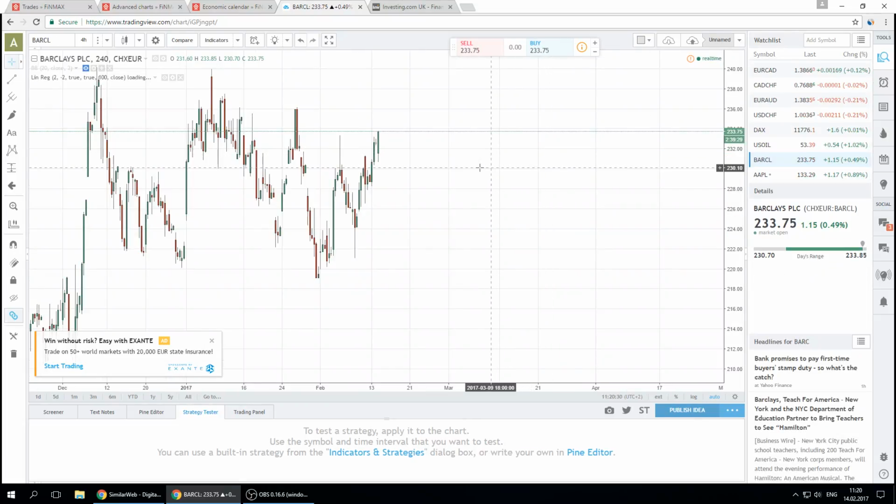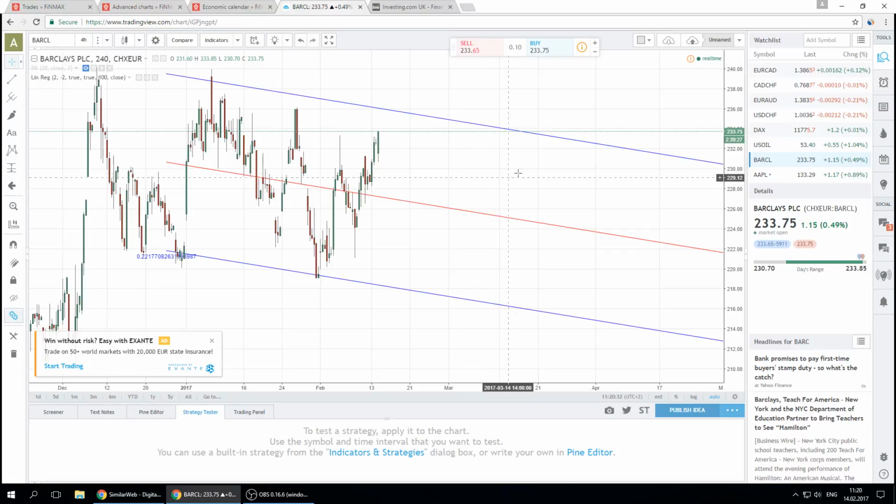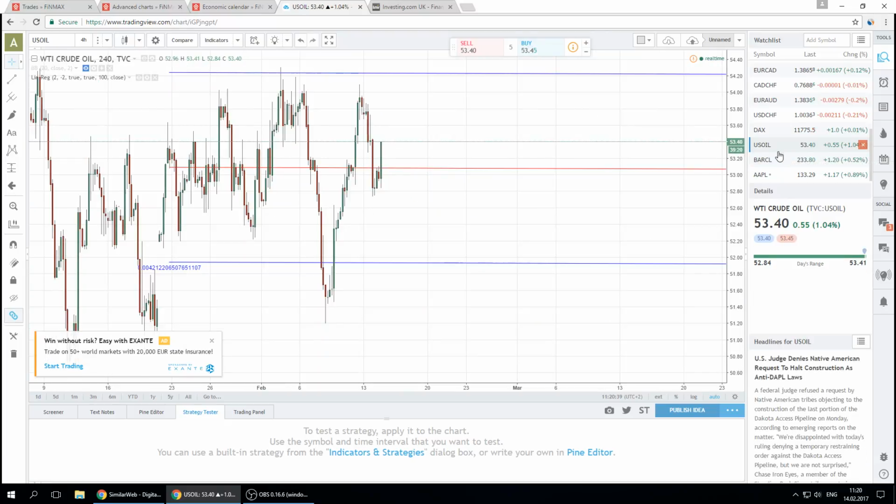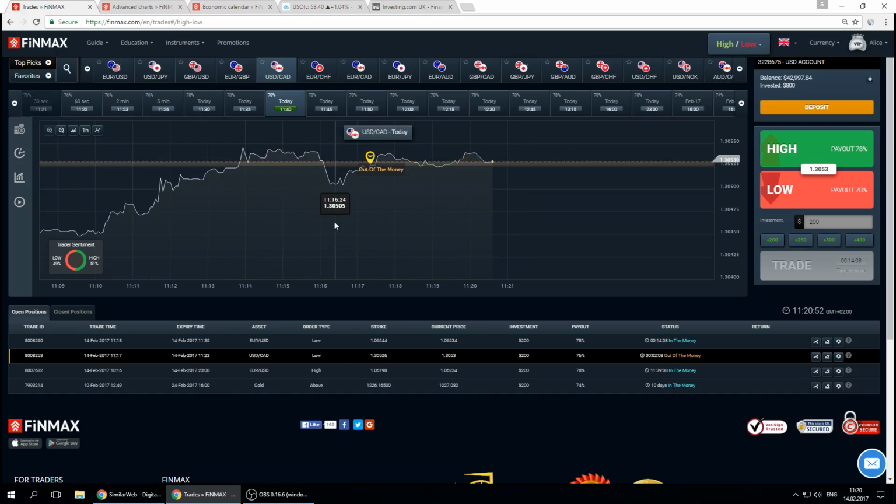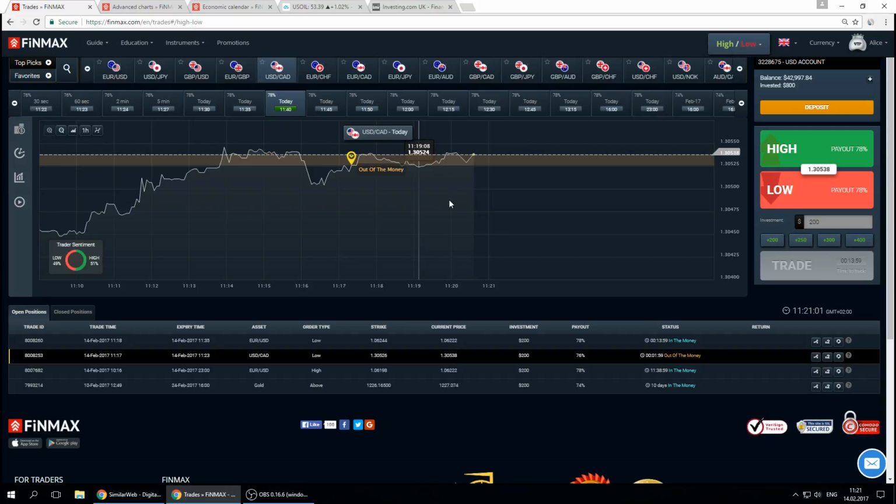So this approach also works pretty well for stocks or indices, depending on what asset you are using. It can work for commodities as well. A lot of my traders came from the forex market, and they prefer to trade currencies, ignoring stocks, ignoring indices. But sometimes for the beginner, it can be a way out, because it's much easier to predict the movement of the stocks, of the indices.